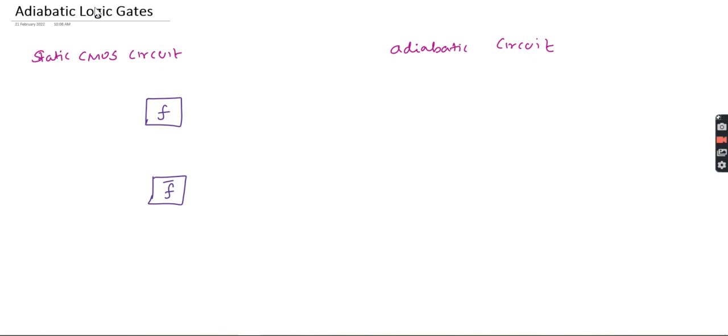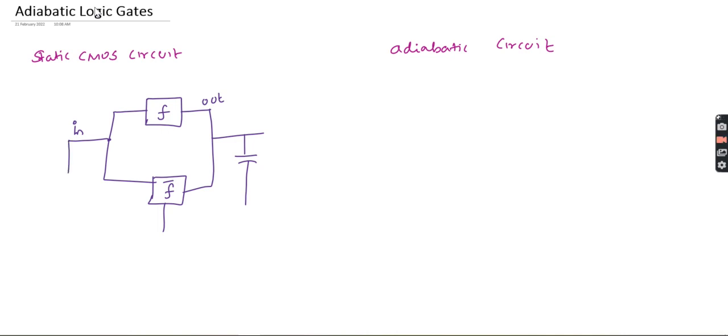This will be your input, this will be the output, and this will be your capacitance, and here we have the current.